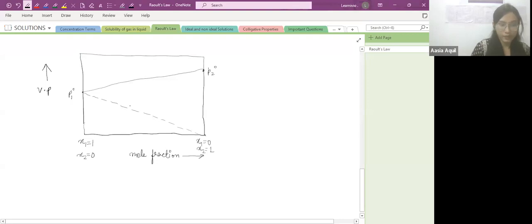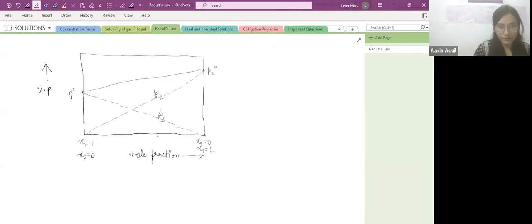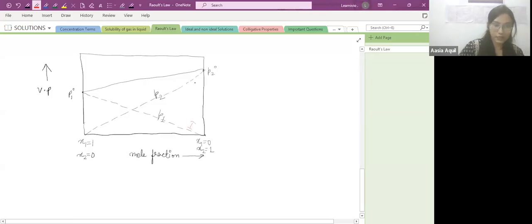This dashed line shows the partial pressure of the first component, and this dotted line shows the partial pressure P2. So this is your first line, this is your second line, and this is your third one.